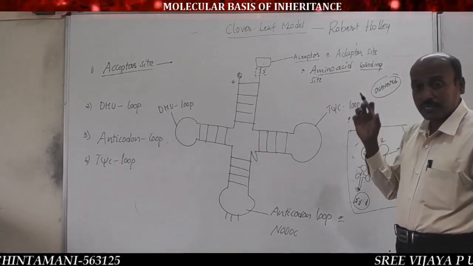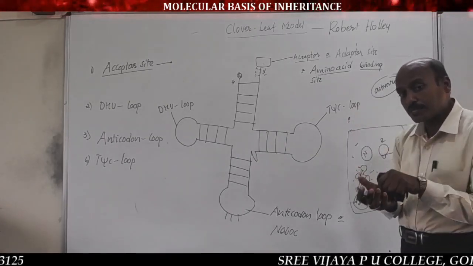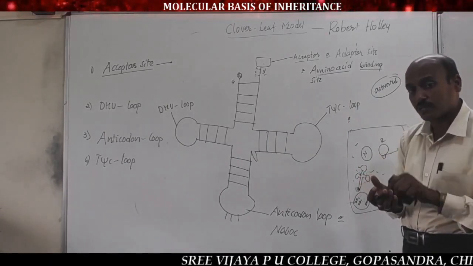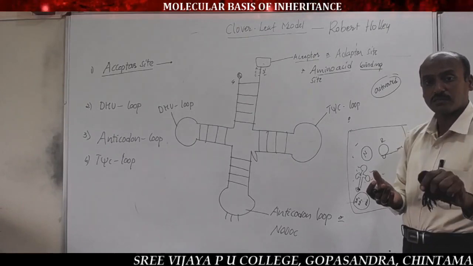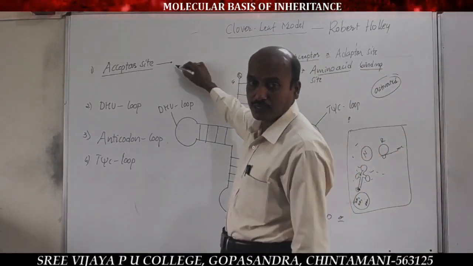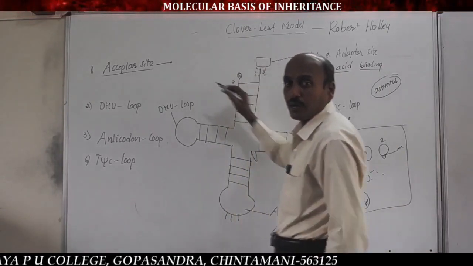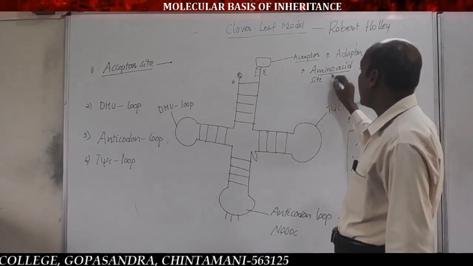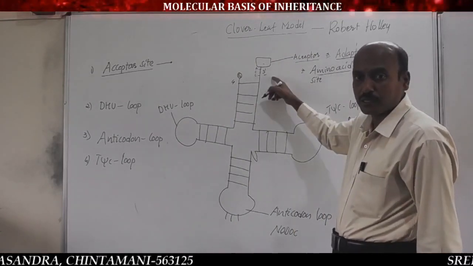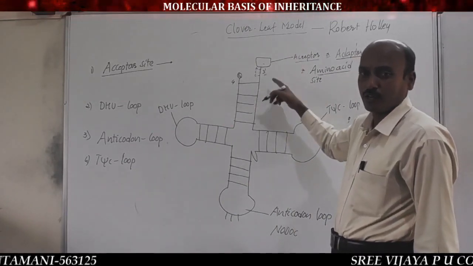The acceptor site helps in binding of specific activated amino acid during protein synthesis. This is the first part of the tRNA clover leaf.